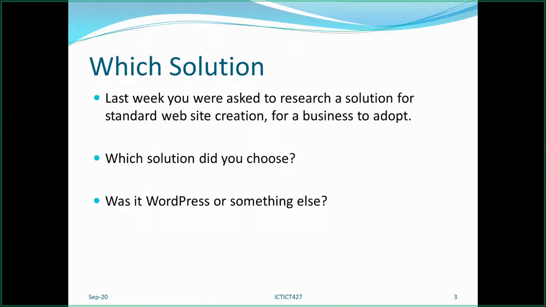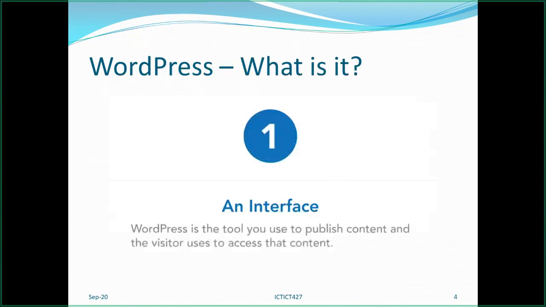So you've got to come up with the solution that you've chosen and the reasoning behind selecting that solution. Just as a heads up, that's going to be in the first assessment item. And then give us some examples of what you can do with WordPress, or your option.